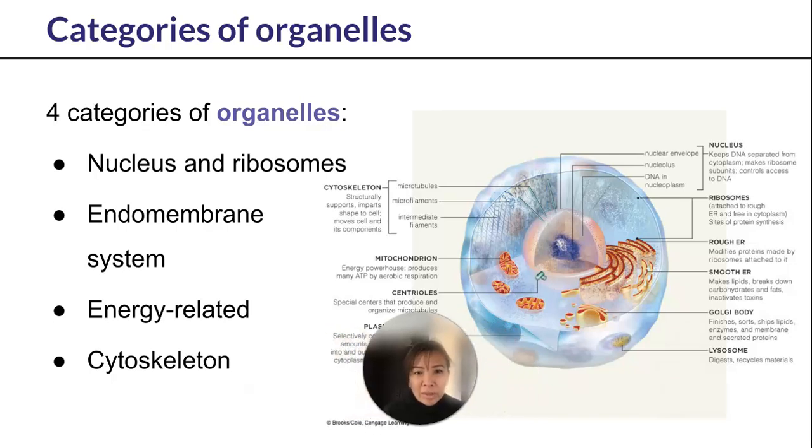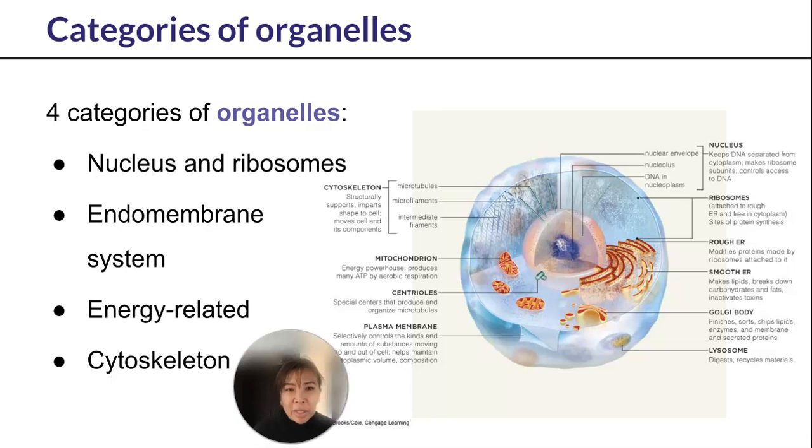Additionally, another group of organelles that we're going to look at in a little more detail are the organelles that make up the endomembrane system. That's pretty much this whole system right here. We'll look at them in more detail later, but all of these are different organelles in the endomembrane system, and they help form different molecules that we need for metabolism.